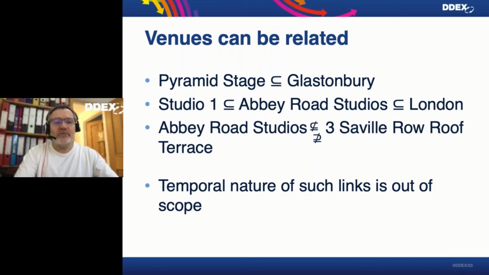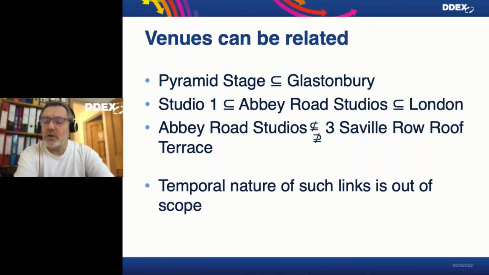We talked about venues being relatable or having relationships with one another. So the Pyramid Stage is a subset of, or a substage of, or a sub-venue of the Glastonbury Festival. Or Studio One is part of Abbey Road Studios, is part of the more geopolitical venue of London.